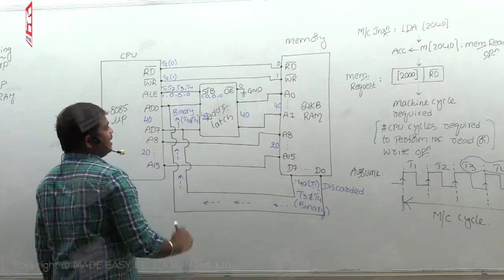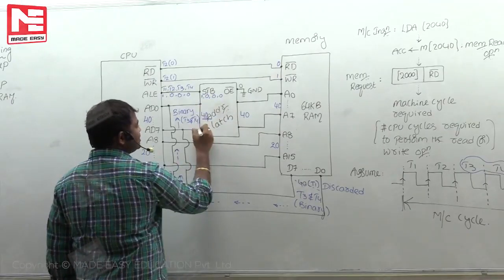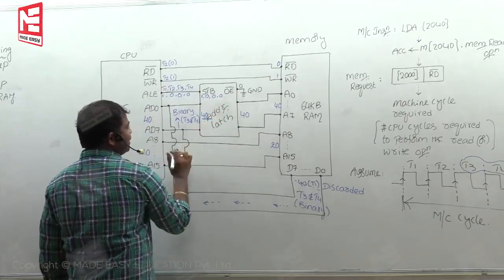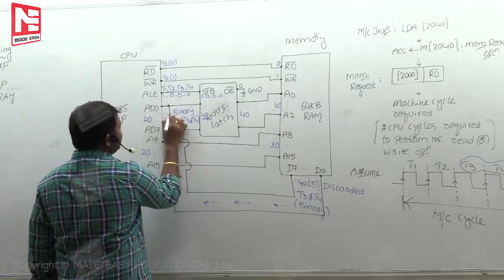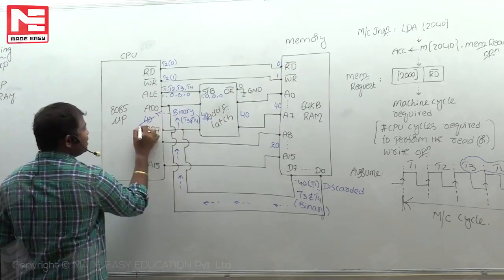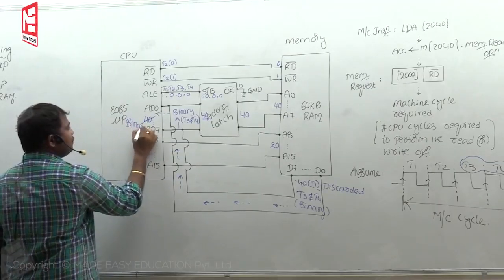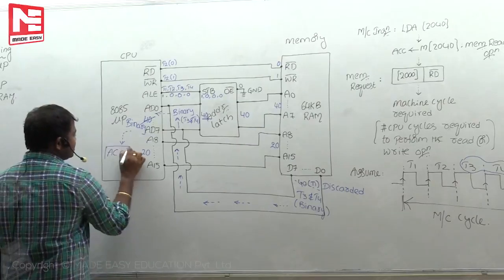When binary code arrives here, in the T3, STB is 0, input lines are disabled. STB is 0 in T4, input lines are disabled. Therefore, this binary never enters into the latch. This binary will be entered into the pin. So on the pin, 40 is present. That 40 is now changed to binary. Now this binary code will be entered into the CPU register.